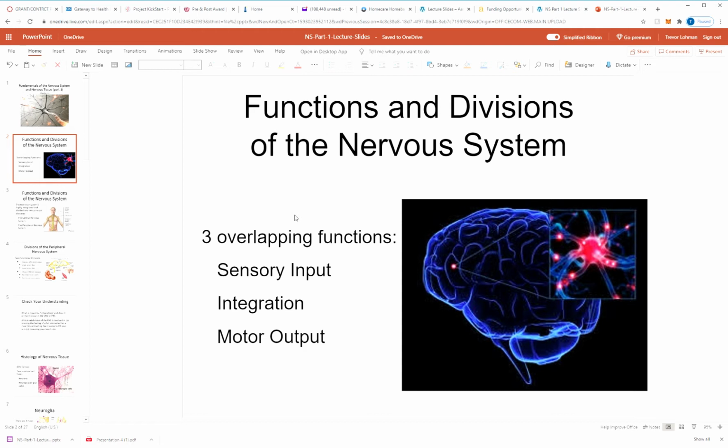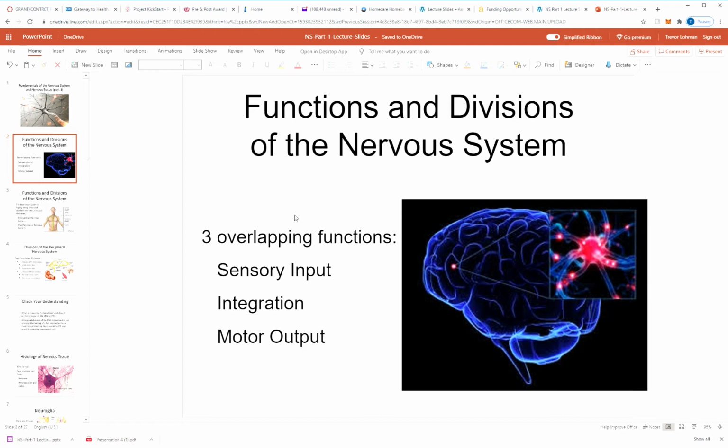But that said, we've made an effort to simplify it in this lecture, and in terms of its function, we can simplify it quite a bit, actually. The nervous system really only does 3 things. It collects sensory input, it integrates that input, and then it responds with some type of motor output, potentially.